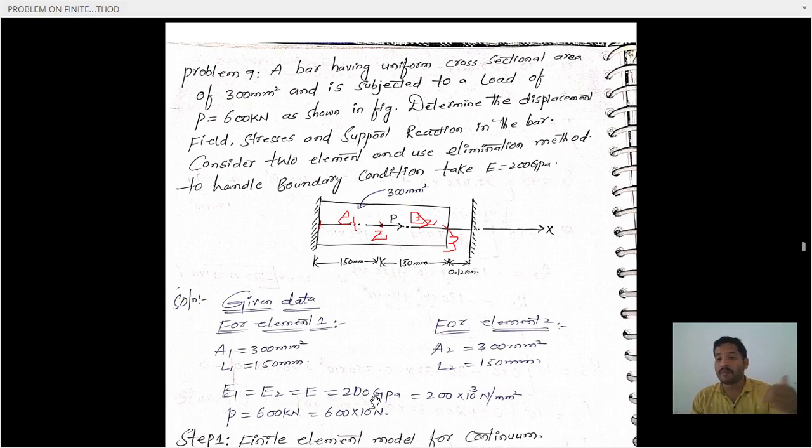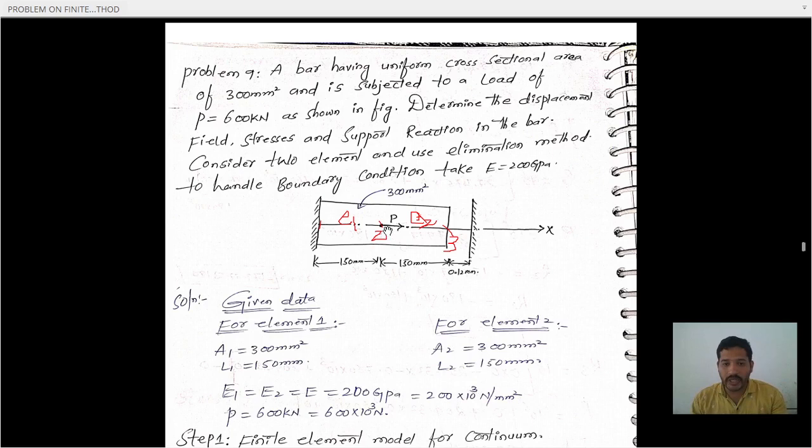Then 1 Pascal equals 1 Newton per meter square. If you want to convert to milli, 1 Newton per 10 power of 3 whole square, means it should be 10 power of 6. This 10 power of 6 and this 10 power of 9 will cancel. The remaining should be how much? 10 power of 3 Newton per mm square.